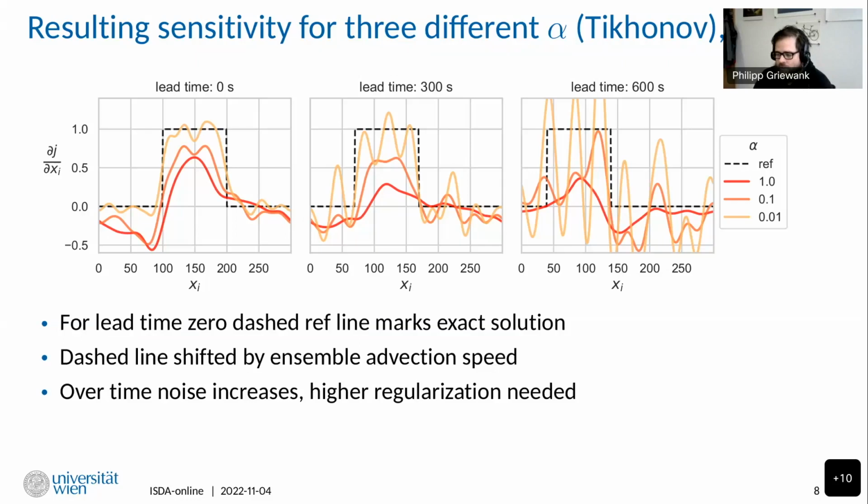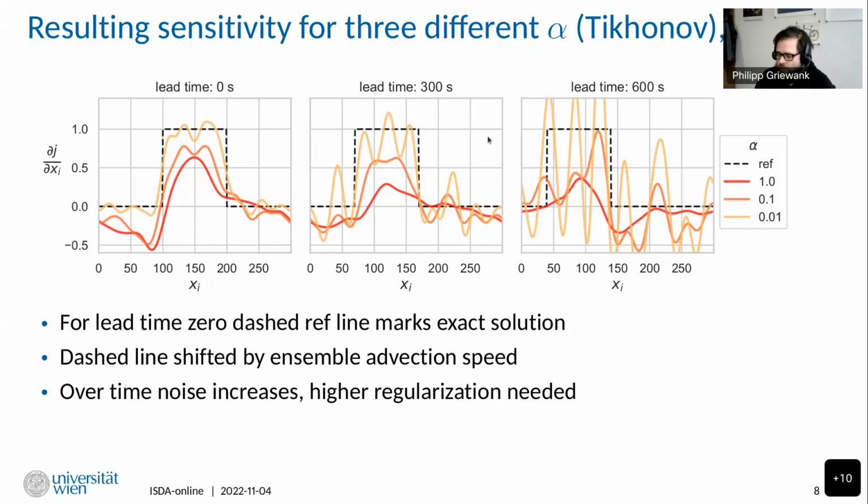But in general, things have the right magnitude, and especially with 300 seconds, you can see they do clearly identify what the sensitive region should be. So it works more or less with ensemble problems.